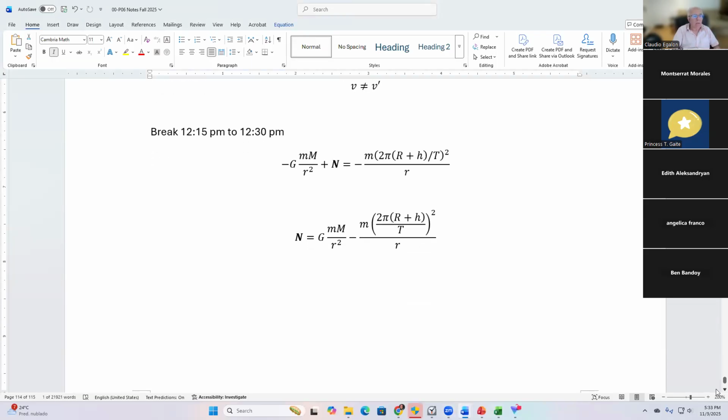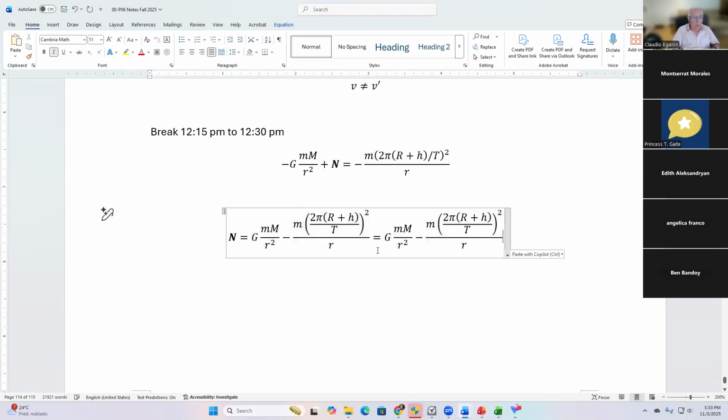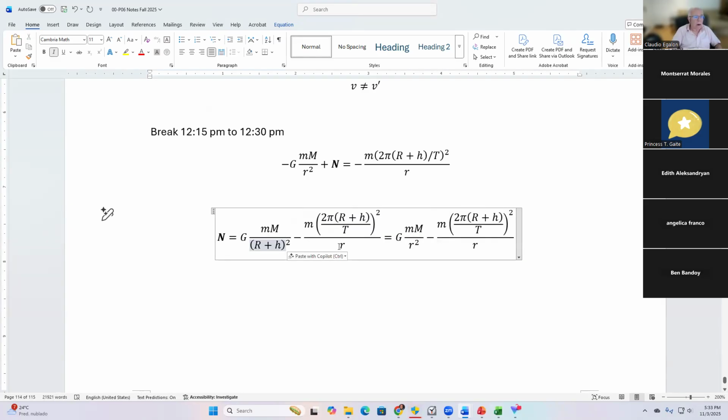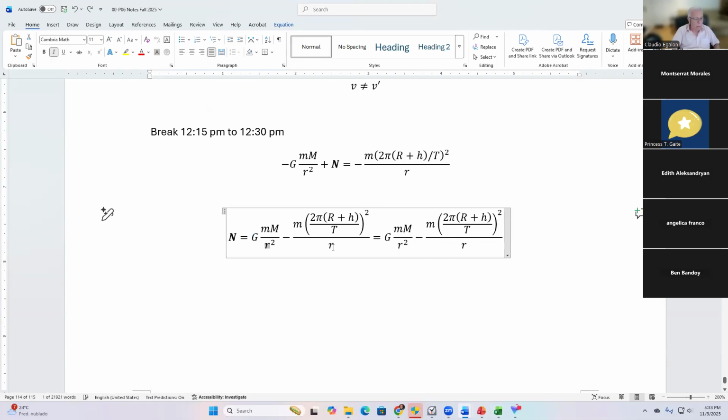Okay, and let's see what we can do to simplify it. Let's go another step. This R is going to be big R plus H. Big R plus H, big R plus H. Oops, I put it in the wrong place.